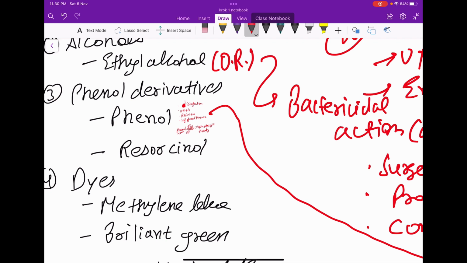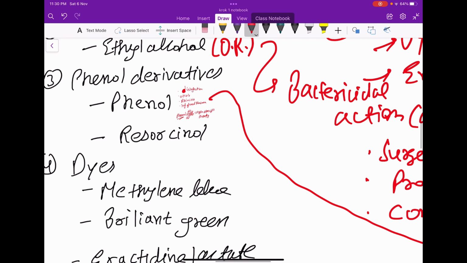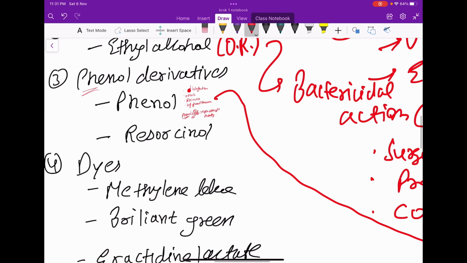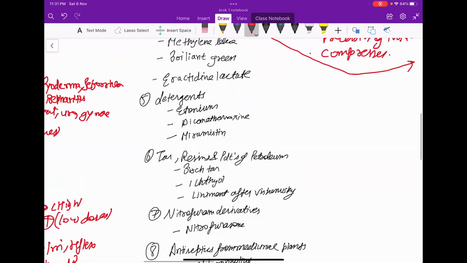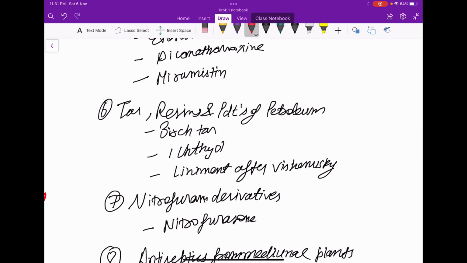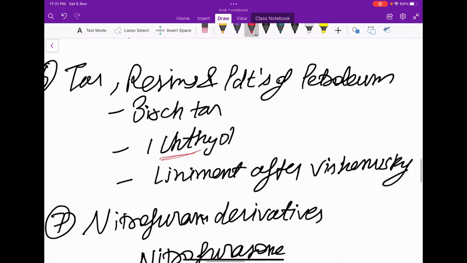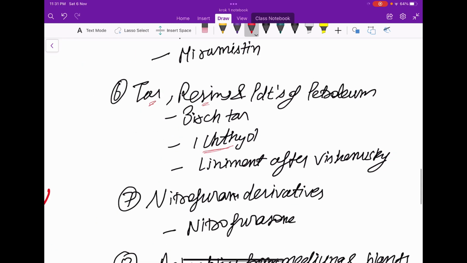Now, see guys, there are some groups which are interrelated, right? The phenol derivatives are somewhat also related to the tar preparations. As you can see, guys, I was talking about ichthyol, again a liquid of dark color. It's from the group of tar resins and the products of petroleum.